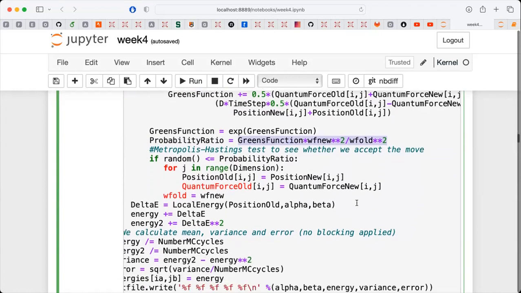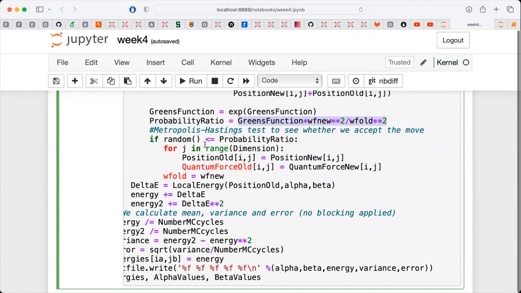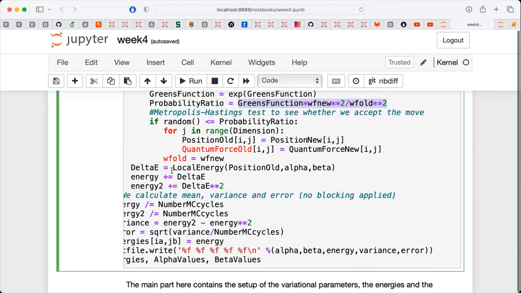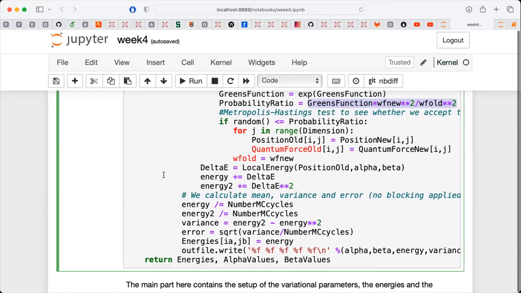If this step is accepted, the new position is the updated position and the updated quantum force. I get the new wave function, I calculate the new local energy, and then I update the averages which I need to compute here.